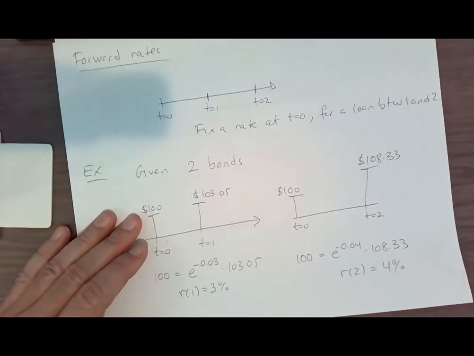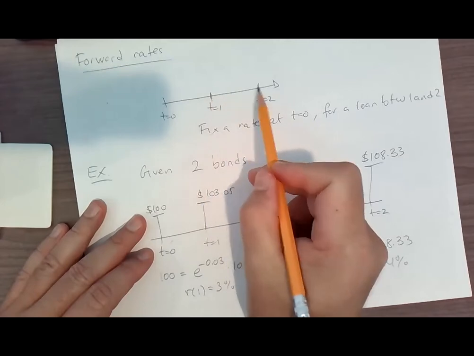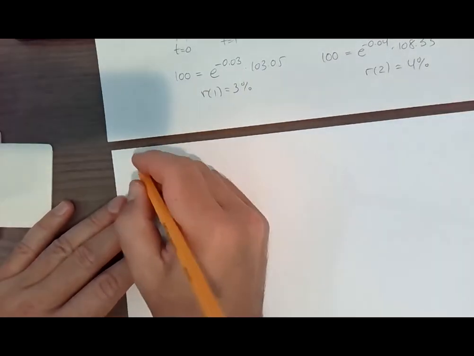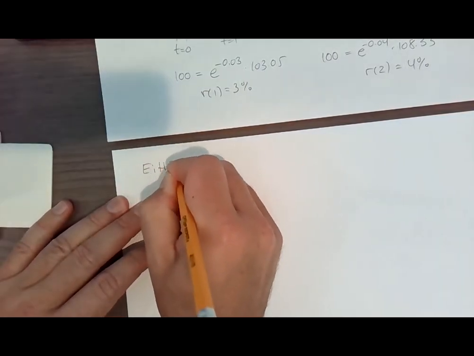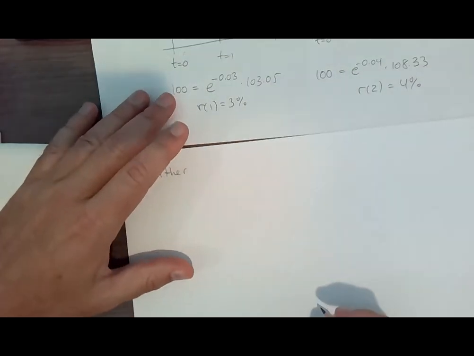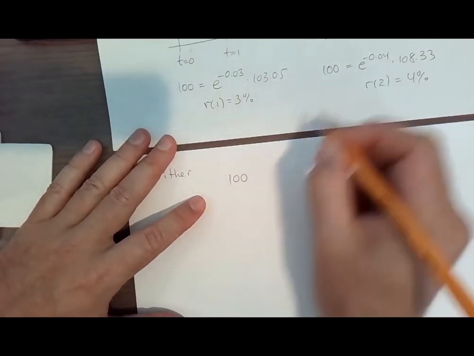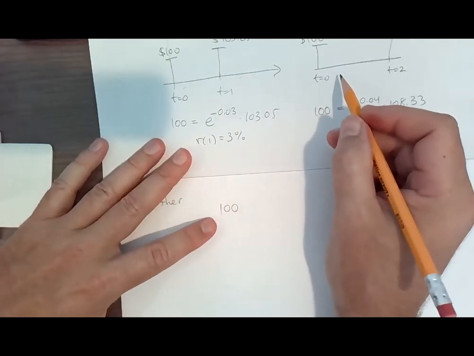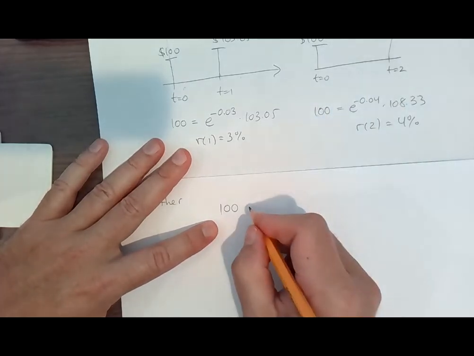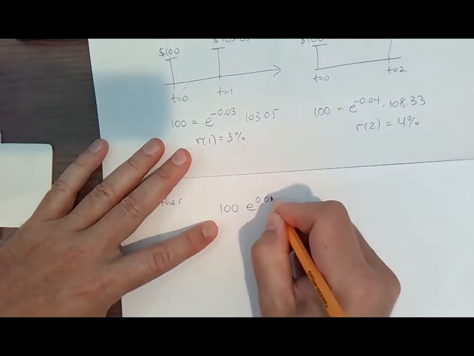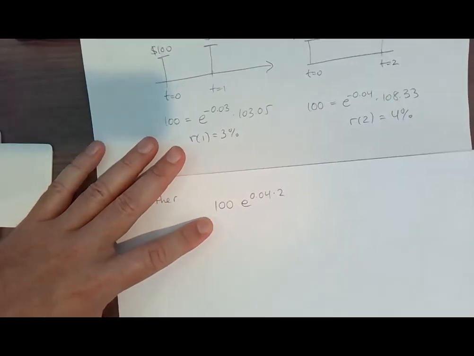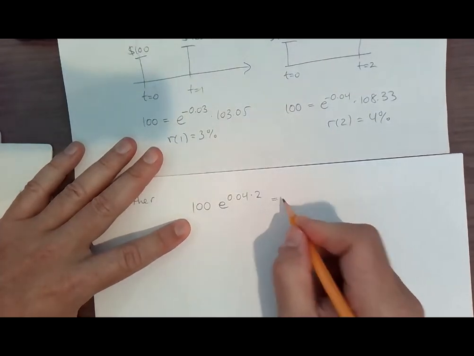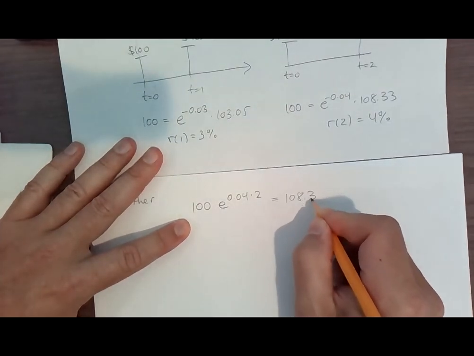So the way to get your hands on the forward rate from here to here is to say you can either put $100 into the 2-year deal, 100 times the continuously compounded interest rate of 4%, which is going to give you that 108.33.